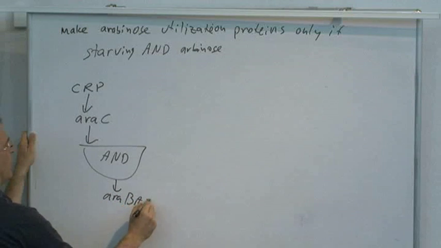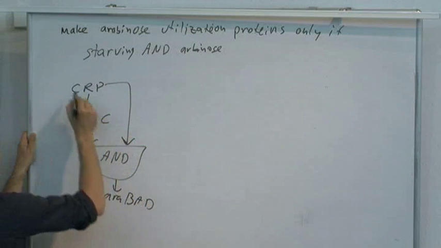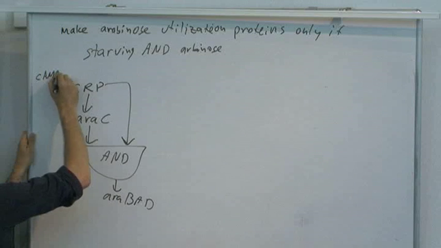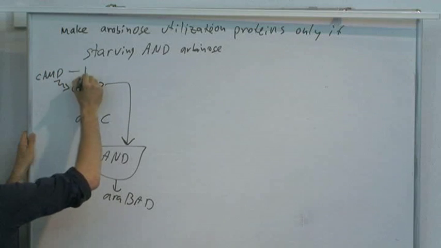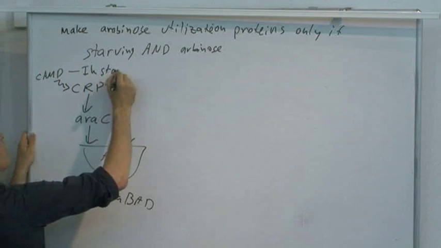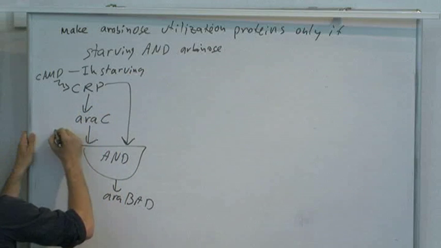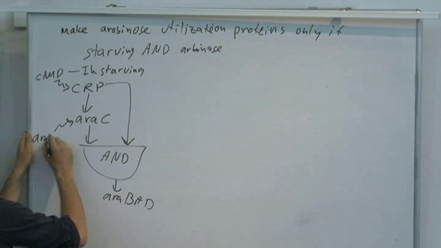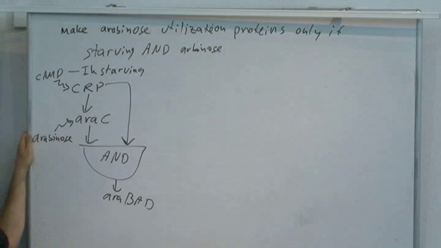The input signals are cyclic AMP, which in E. coli means I'm starving, and AraC, which binds to the sugar arabinose. That's an example. One of the hundreds in E. coli.